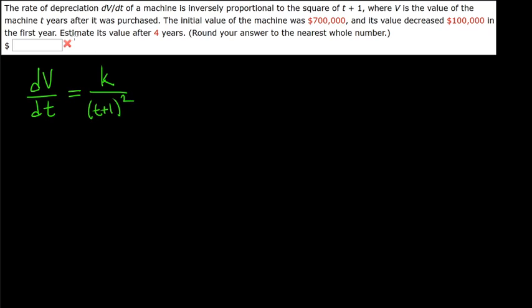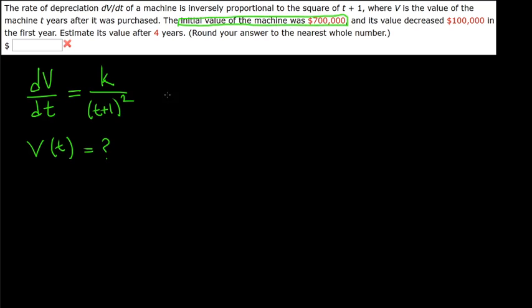Okay, what else do we know, right? So we're looking for the value of the machine t years after it was purchased, right? So if you know the derivative and you want to find v, you're going to have to find an antiderivative, right? But what else do we know? We know that the initial value was $700,000.